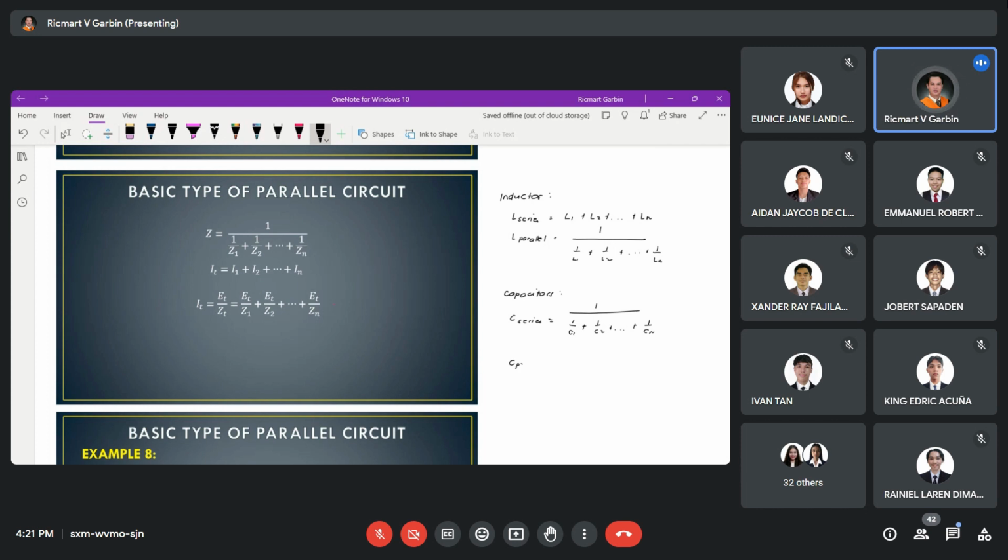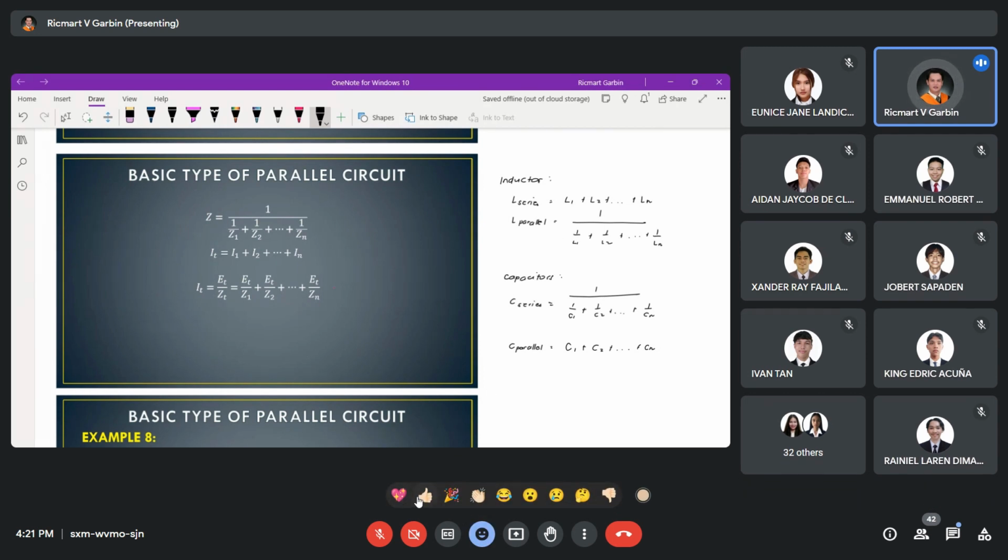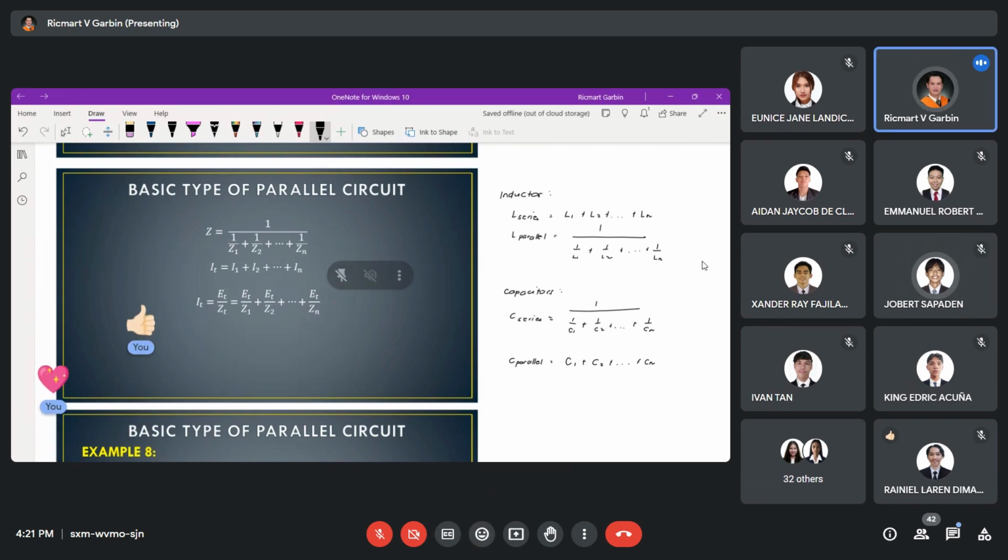And kapag capacitors in parallel, ang behavior naman niya is just like a series resistor. Maliwanag po ba yun? Yes po.